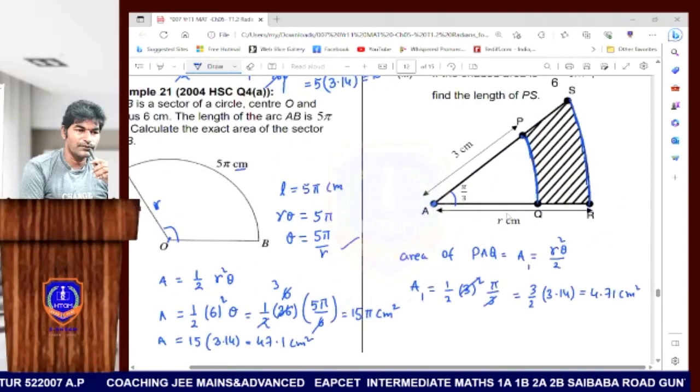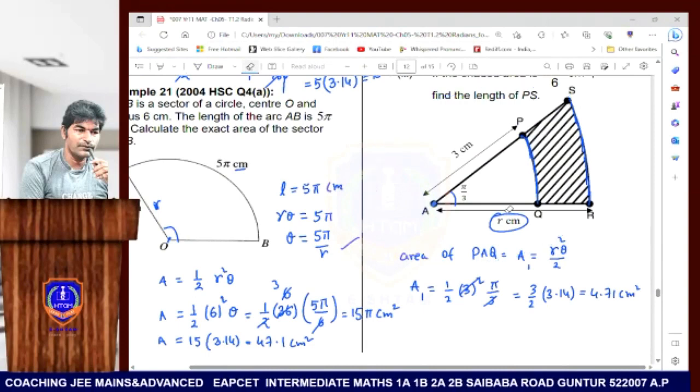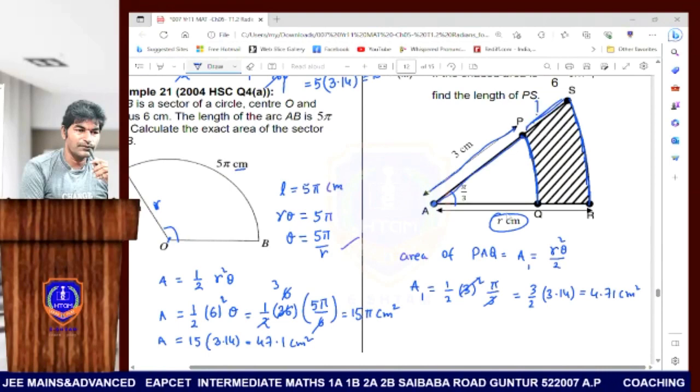For the next, he said the radius is R. We don't know this circle's radius. For this circle, we know it was given as 3 centimeters, but we don't know this part. This is a question mark.